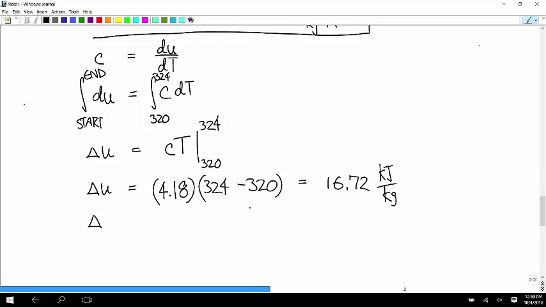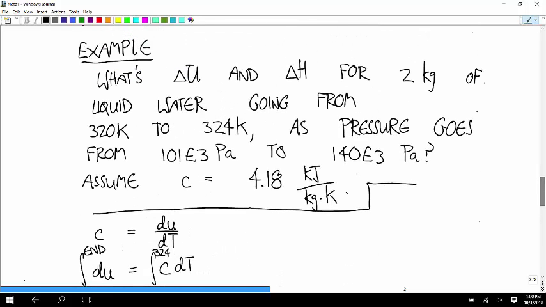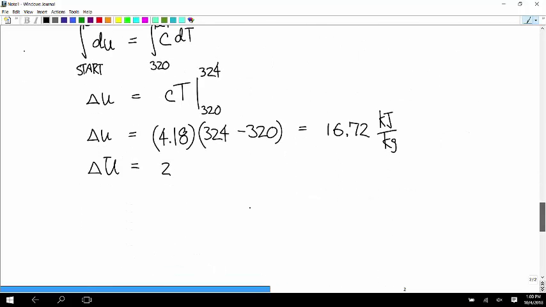And so then the change in extrinsic internal energy is for 2 kilograms. That's what I said, right? 2 kilograms of water. So 2 kilograms times 16.72, and that's 33.44 kilojoules.